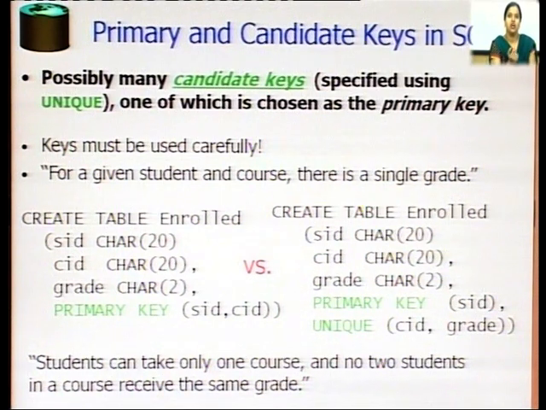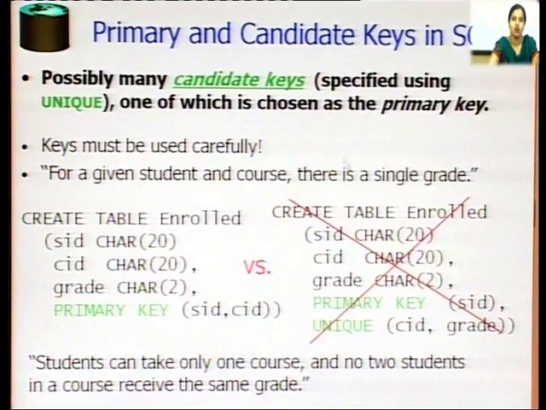Note there are possibly many candidate keys, and one of them is chosen as the primary key. These keys must be chosen carefully so that a student can take only one course, and no two students can be enrolled in the same course. So this is wrong.